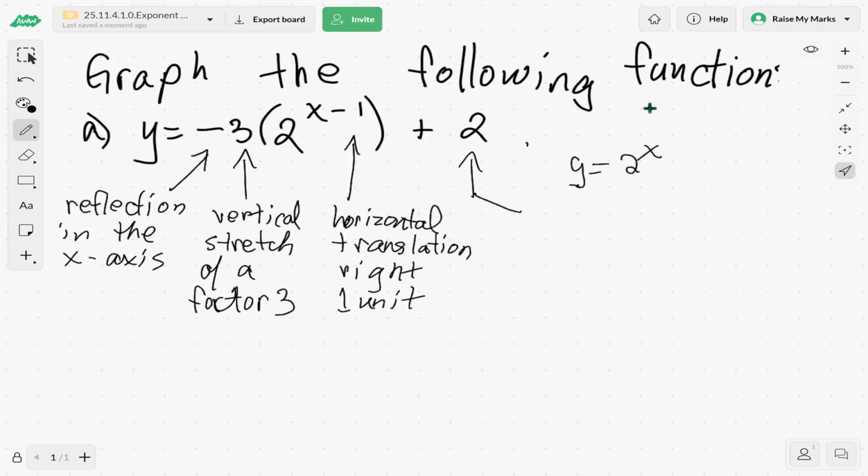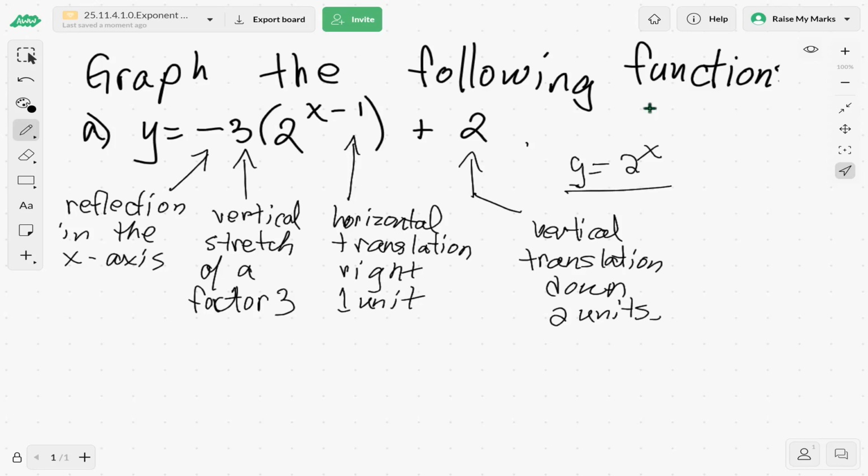And finally, the +2 at the end is a vertical translation down 2 units. All right. So we have a lot going on, and all those transformations are being applied to this function y equals 2 to the power x. So let's have a look at what this function y equals 2 to the power x looks like.